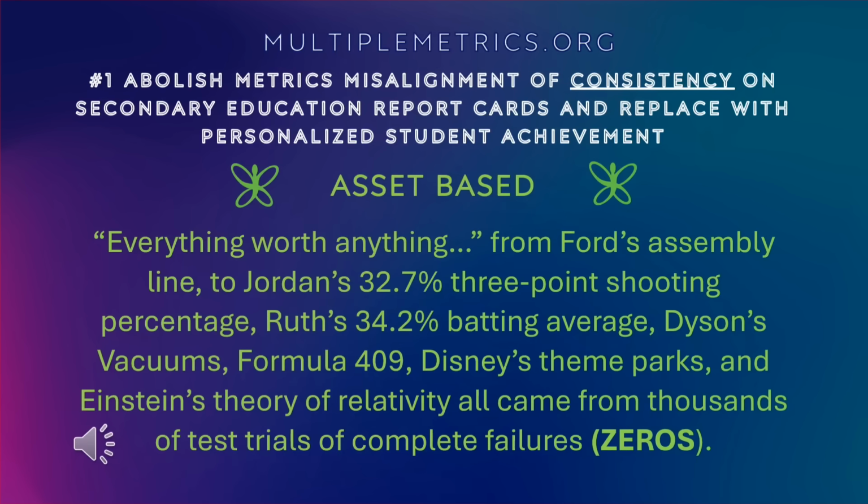And same with Babe Ruth. In fact, if you put all these people, even Einstein, nobody understood Einstein even, if you put them into the system, these would all be failing grades, every single one of them.